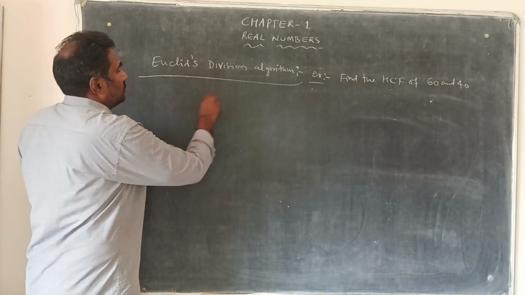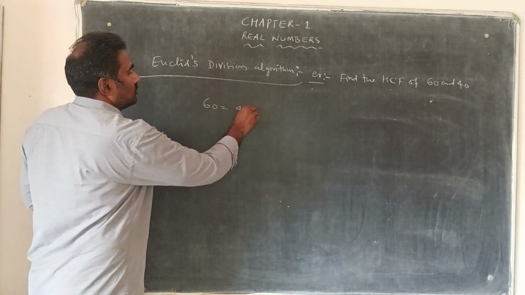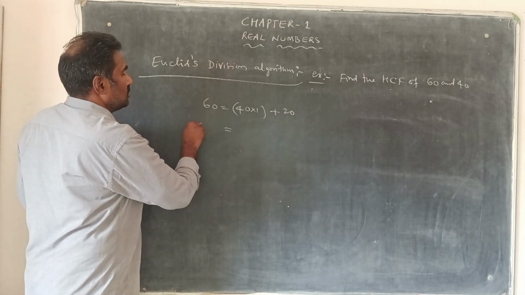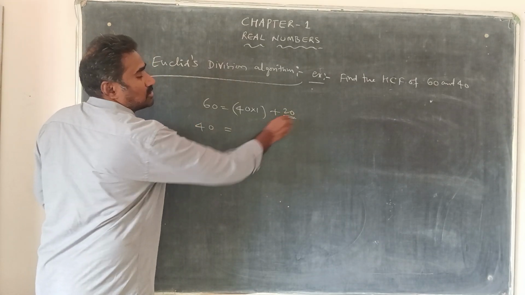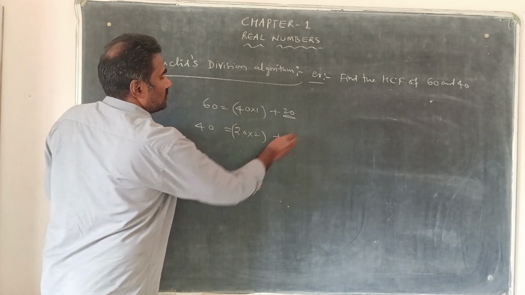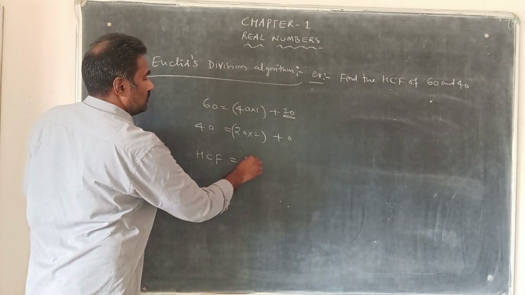How will you do it? Write 60 as 40 into 1 plus remainder 20. After this, you write 40 as 20 into 2 plus 0. So here the HCF is equal to 20.